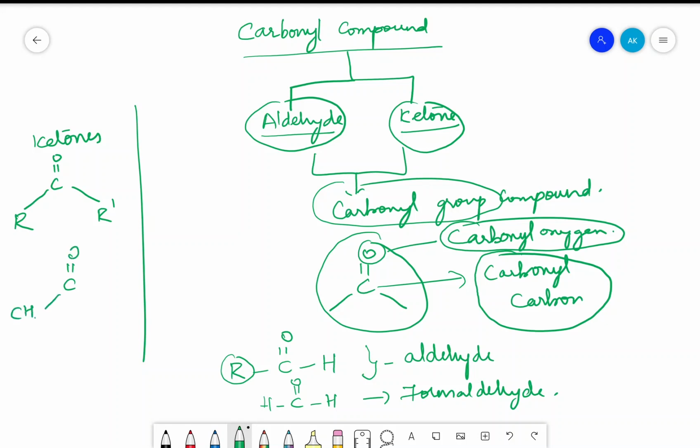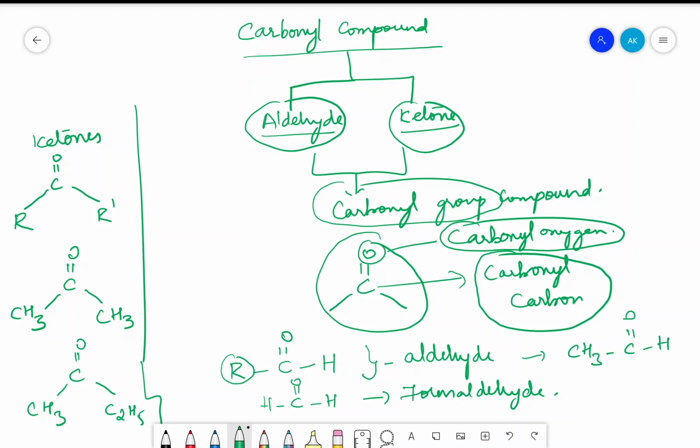Instead of R, we can write CH3, or C double bond O, where R can be CH3 and R dash can be C2H5. So R is any alkyl group. In the similar way for aldehyde, instead of R, I'll write CH3, C double bond OH.